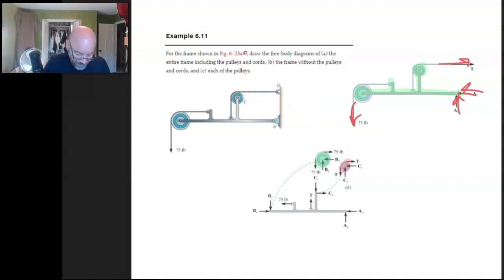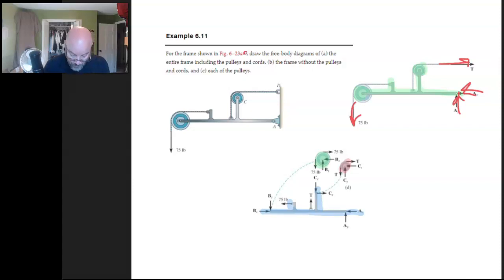And then we've got the frame itself still here, just like that. Let me move that over here. There we go. All right, so let's take a look at what we've got going on here.